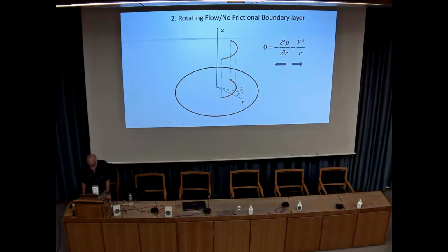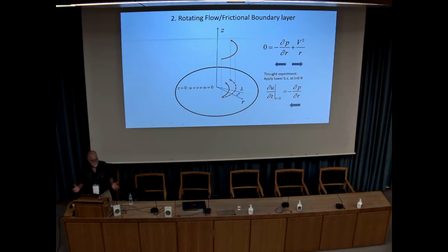I'll explain that. In a rotating fluid, the simplest possible case, we have a balance between the radial pressure gradient and the centrifugal force. The radial pressure gradient is inward, and the centrifugal force is outward. Let's do a thought experiment. Suppose we put a no-slip or friction condition at the surface.